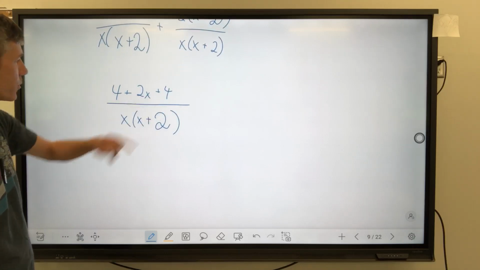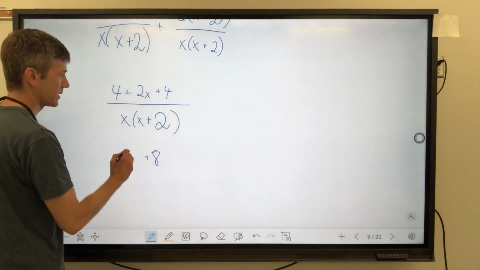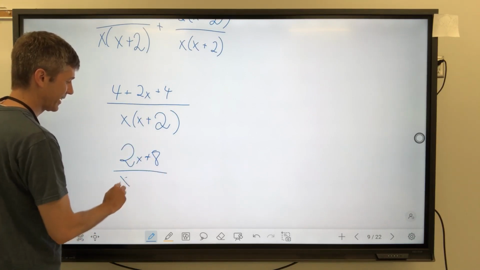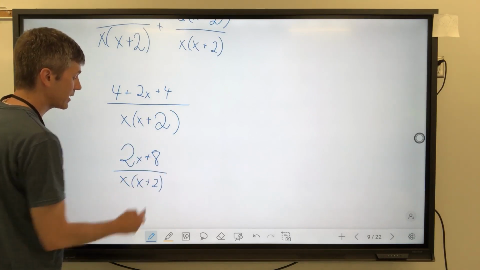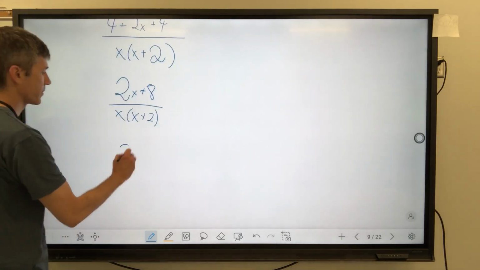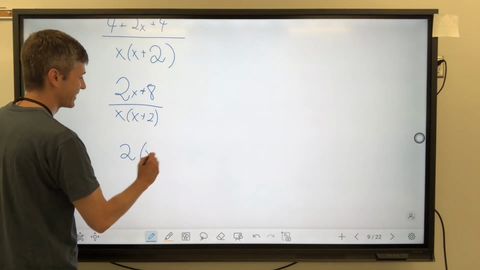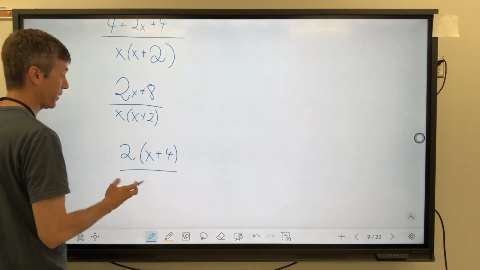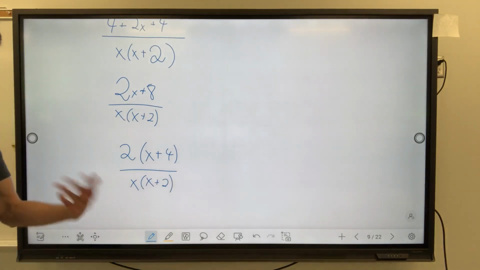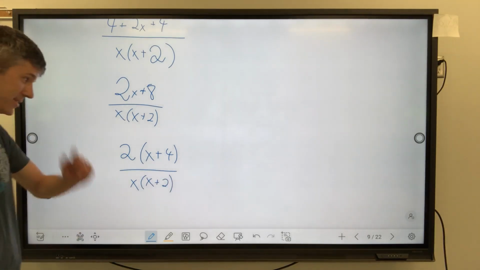Let's see. 4 and 4 is going to give me 8. 2x, x, and x plus 2. And at this point, I can factor a 2 out of the numerator, which I will do. Just write a 2. x plus 2. Does anything cancel? No. Every now and then something will. It's rare, but this one does not.